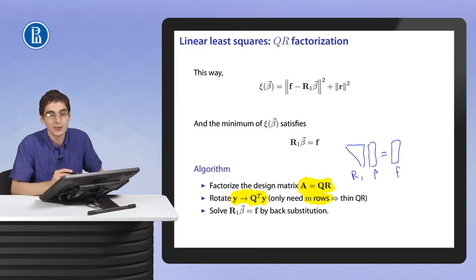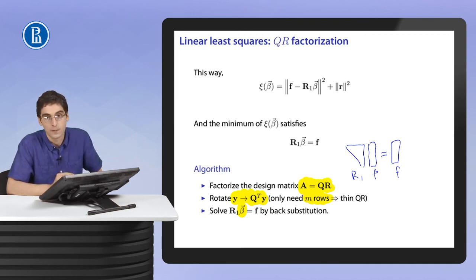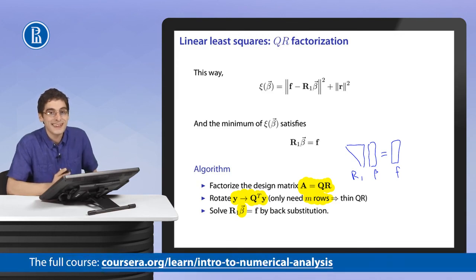So we only need to perform a thin QR at the first step. And then once we've rotated the observation vector, we just solve for our target values of parameters by back substitution. And that's cheap. Okay, and this is all. This is exactly equivalent to solving the normal system of equations, but numerically this is often much better conditioned.